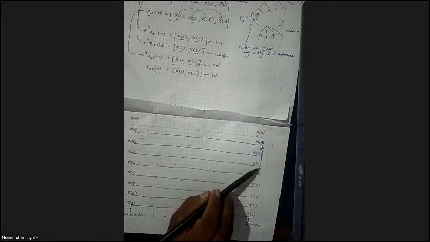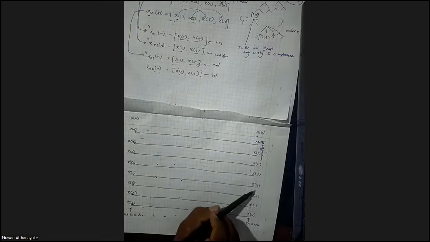That means here you will have capital X0, and this you will have capital X1, capital X2, capital X3, capital X4, capital X5, capital X6, capital X7. So these are your 8 frequency domain signals. So it is in order 0, 1, 2, 3, 4, 5, 6, 7. Is it clear for you?